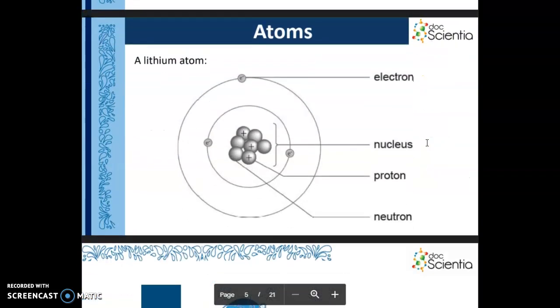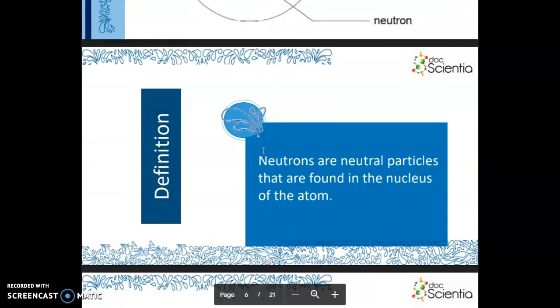So let's look at the diagram here. This is a lithium atom. Here we'll see the negatively charged electrons around the nucleus, which is in the middle. The nucleus is made out of protons, which are positively charged, and neutrons, which are not charged at all, so they're neutral.